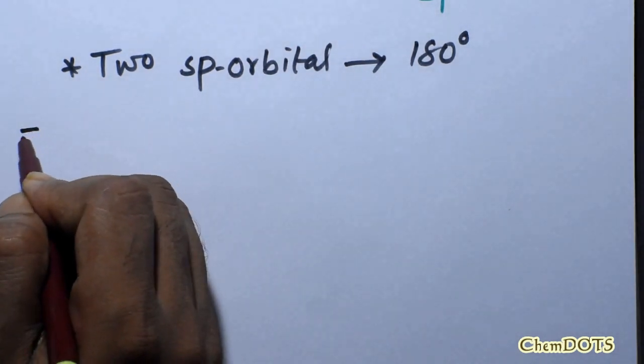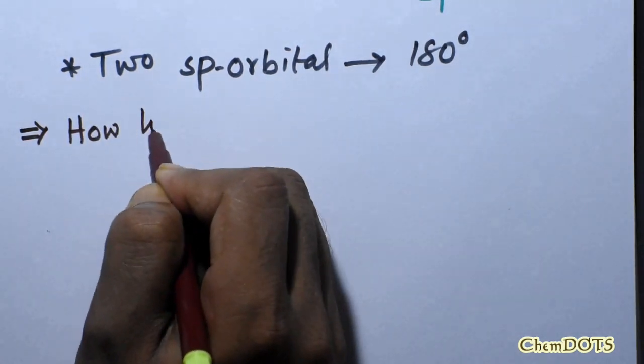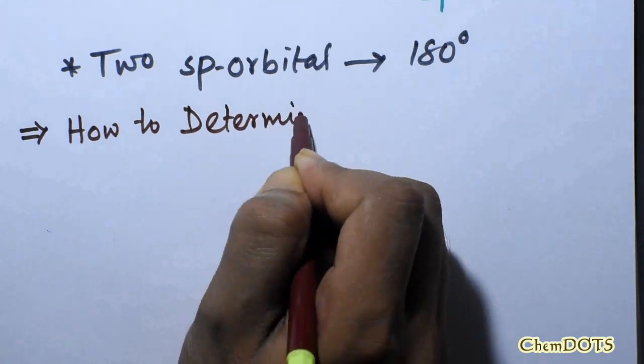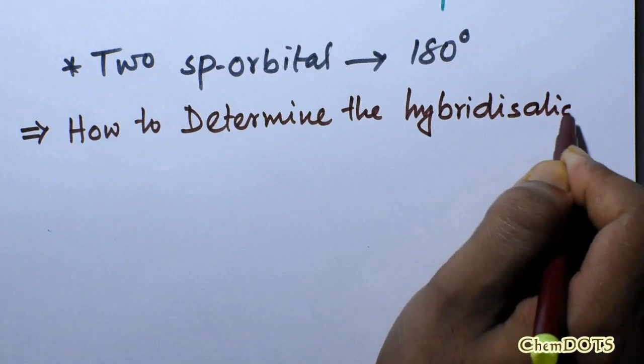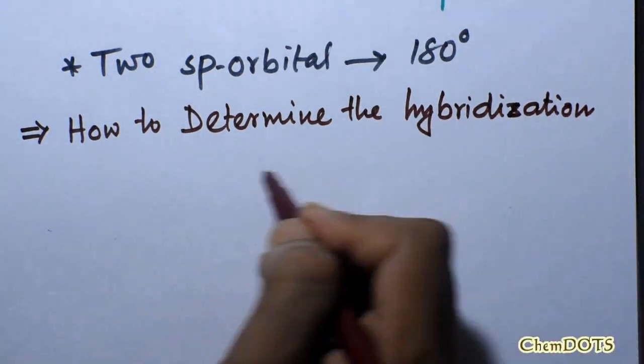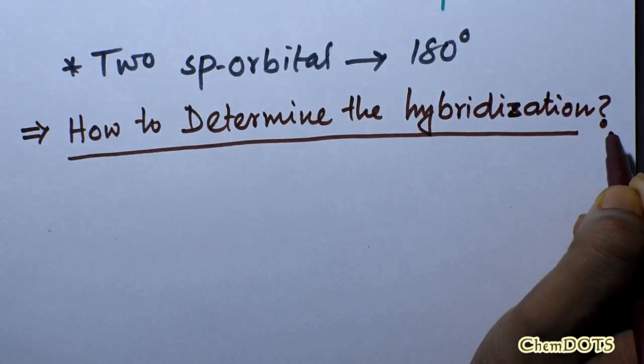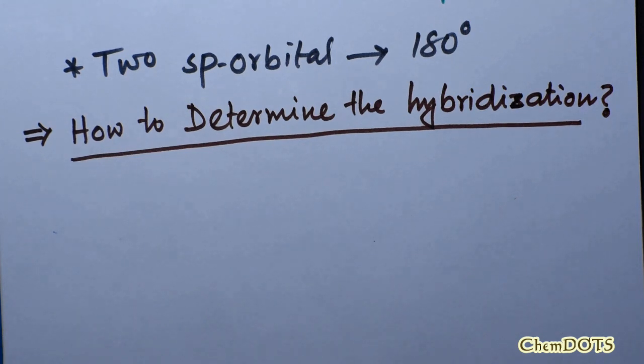Now everywhere you will not get that much time to find out the hybridization this way, so you have to find an alternative also. Let's see how we can determine the hybridization of an atom in a molecule.